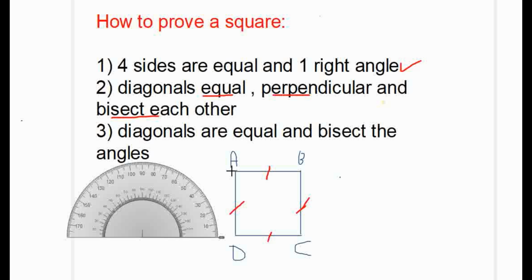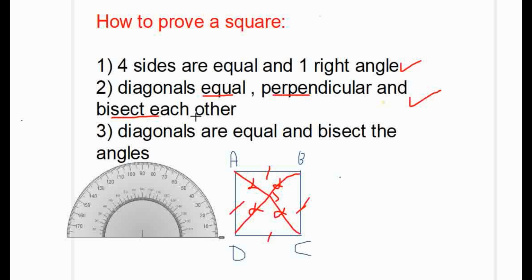So if you have given about the diagonals, which are AC and BD, if they are equal, meaning AC equals BD, and the angle between them is perpendicular, and they bisect each other, meaning these small segments here are equal, as we have explained in the properties. So if these three conditions are found and we were able to prove them, or they were given to us, then we use the second method and prove it by the second method.